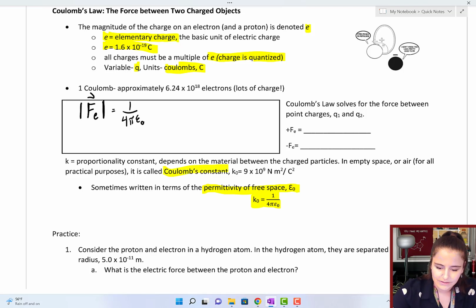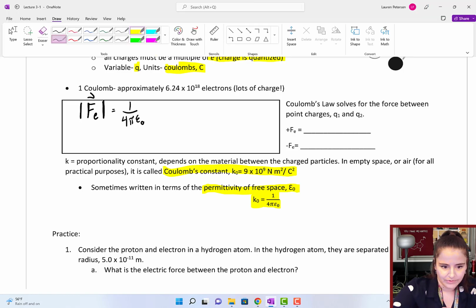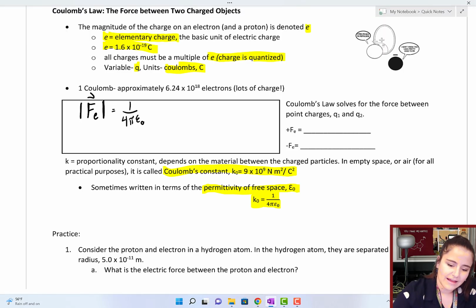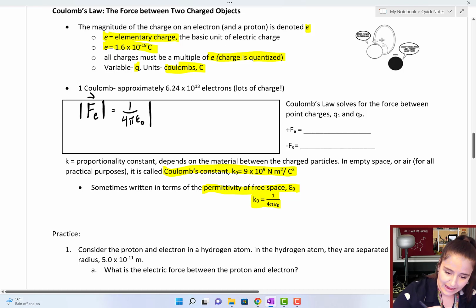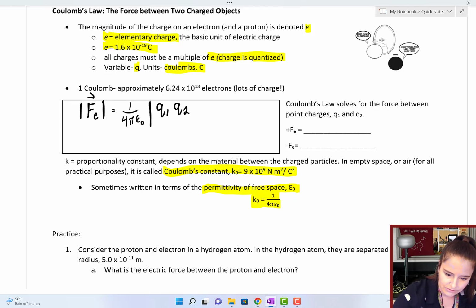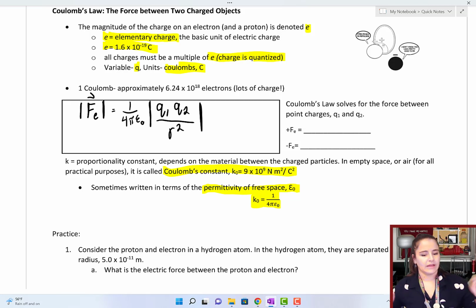We'll use the Coulomb's constant k, which is equal to 1 over 4 pi epsilon naught, okay? And then they actually have it in absolute values, where you have q1 times q2 over the distance between them squared, okay?